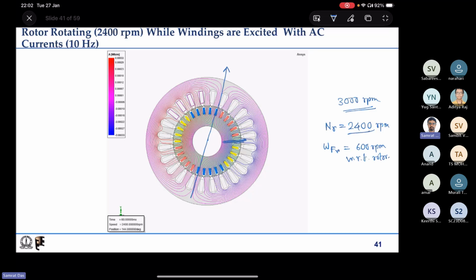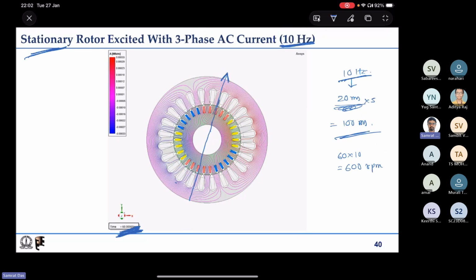So the speed of the rotor magnetic field with respect to the stator, by the principle of relative motion, becomes 2400 plus 600, that is 3000 rpm, and that is the same thing that you can visualize here also.